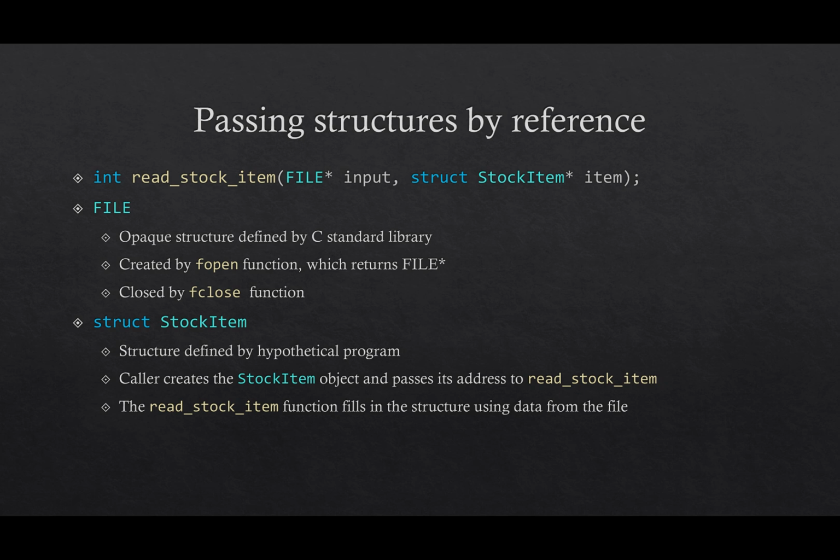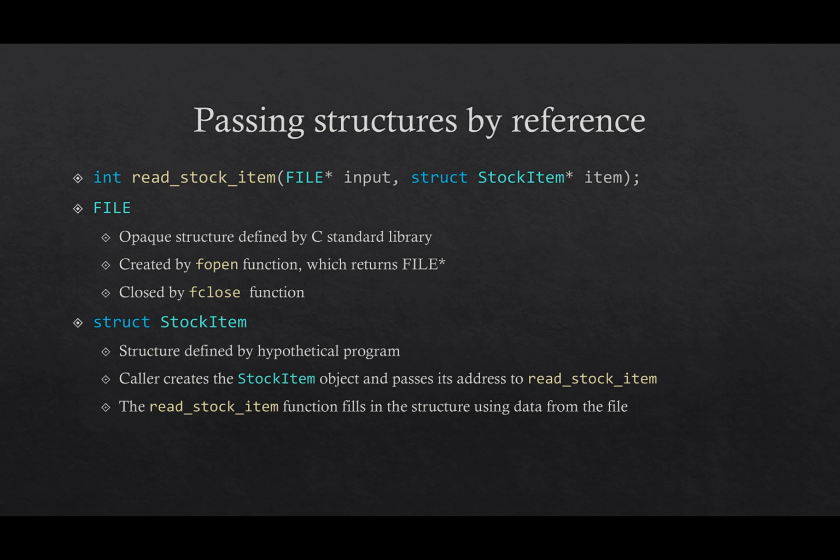And then when you're done with the file and you want to close it, you pass the pointer to the fclose function. There are other functions for reading from the file and so on. So this is how you interact with files in C using the standard library. That's an example of pointers where you have to pass a pointer to the thing, because the library functions that work with files always expect you to pass a pointer to that object.